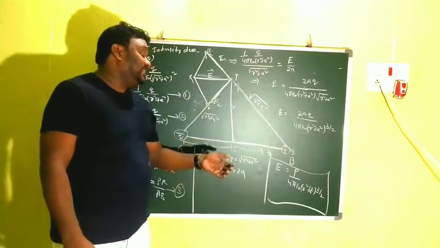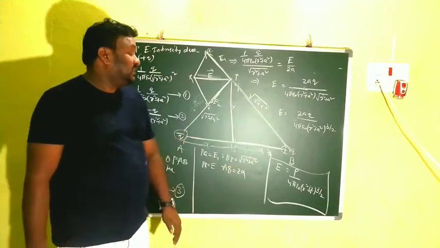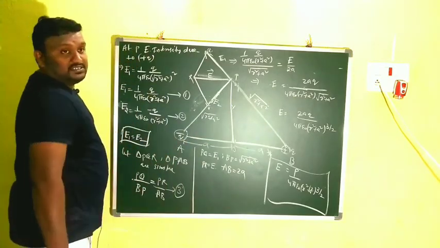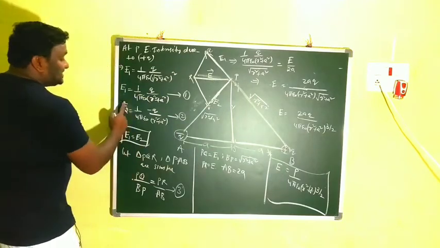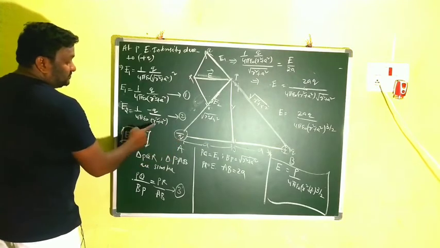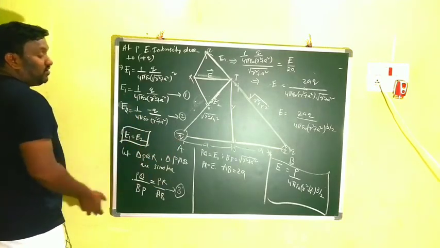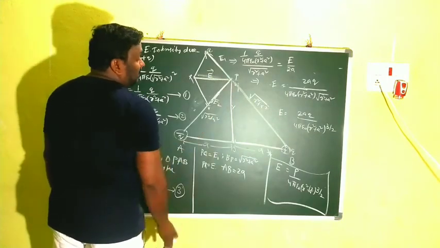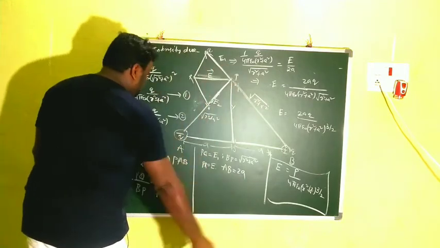Here the distance from the charge to the point is under root of r square plus a square. This is E1 due to the plus q charge, and similarly for the negative charge we get a minus sign. If we consider magnitudes, both are equal. That means we proved that at a point on the equatorial line, plus q charge and minus q charge produce the same electric field intensity.